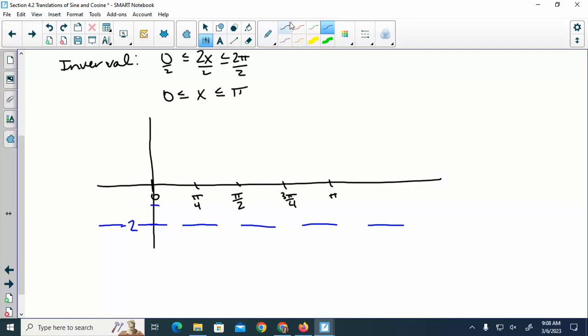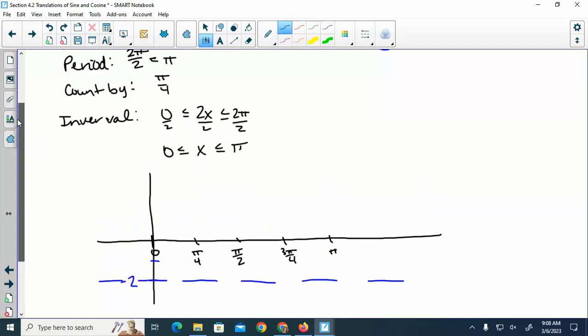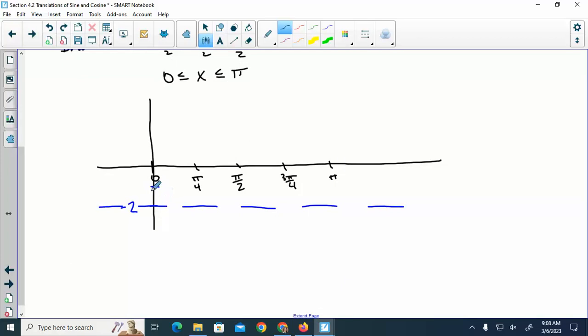This one had an amplitude of 3. So that means we could go 3 above this line. So my highest point will be at +1. Or we can go 3 below this line. So the lowest my graph would hit is -5.